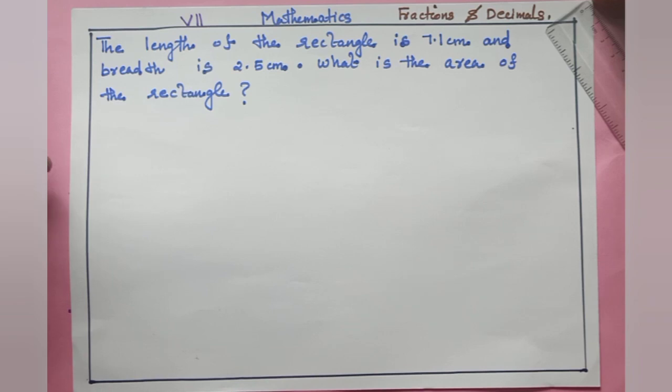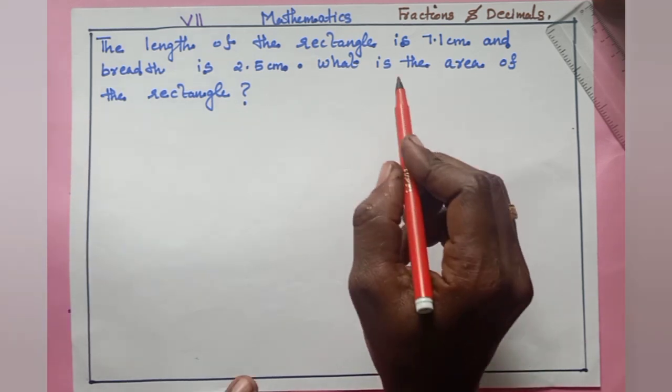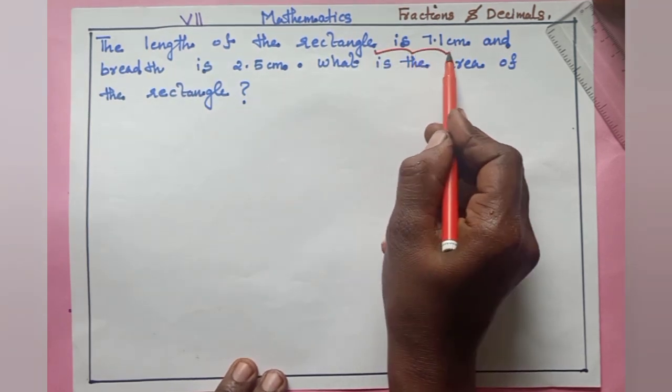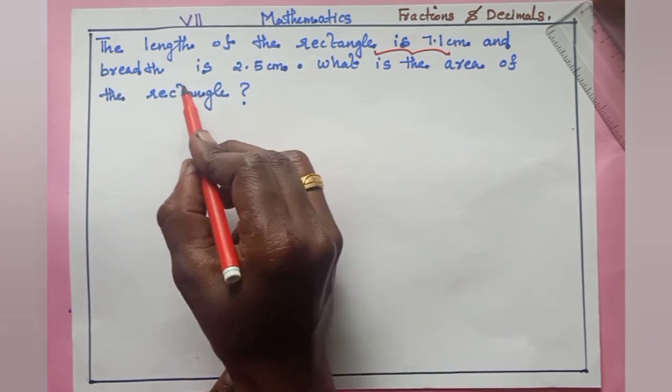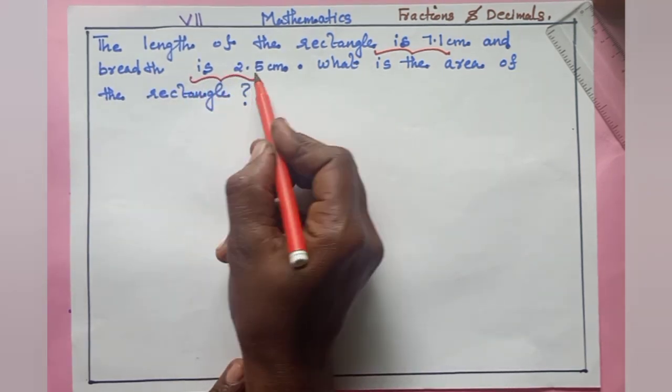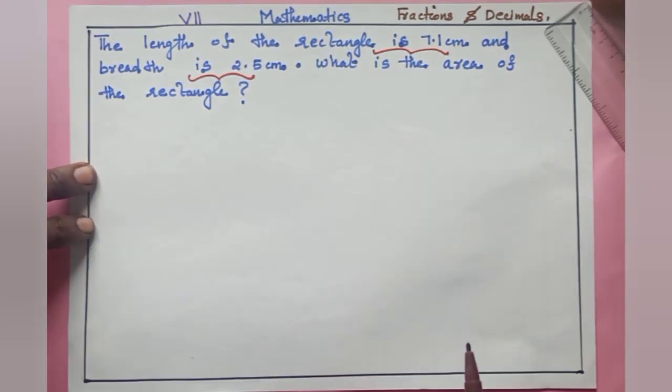Okay, listen to this word problem. The length of the rectangle is 7.1 centimeter and breadth is 2.5 centimeter. What is the area of the rectangle? So here, given the length of the rectangle is 7.1 centimeter, then the breadth is 2.5 centimeter. So we want to find out the area.